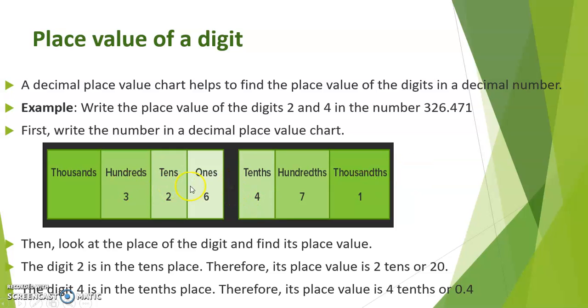This is the whole number part, and this is the fractional part. If you look at the place value, 2 here is tens, and 4 is tenths. So the place value of 2 is tens, 2 tens, or 20. The place value of 4 is 4 tenths, or 0.4.